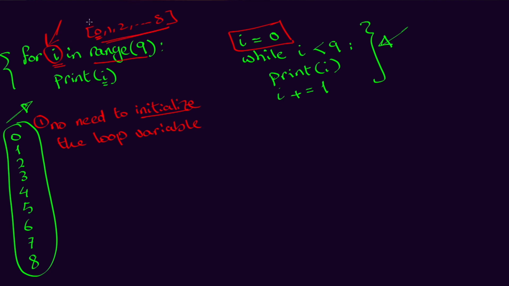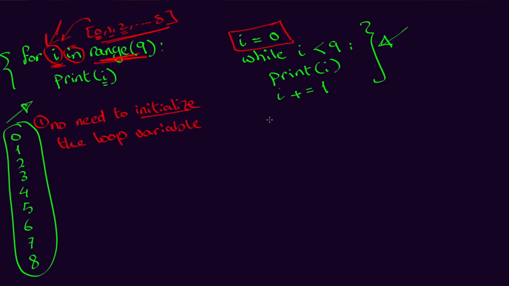So first I is going to be 0, and then in the next iteration it's going to be 1, the following iteration is going to be 2, and so on and so forth. That is the reason why we don't need to initialize the value of I: the loop variable in general is going to take its values from whatever comes after the in keyword.